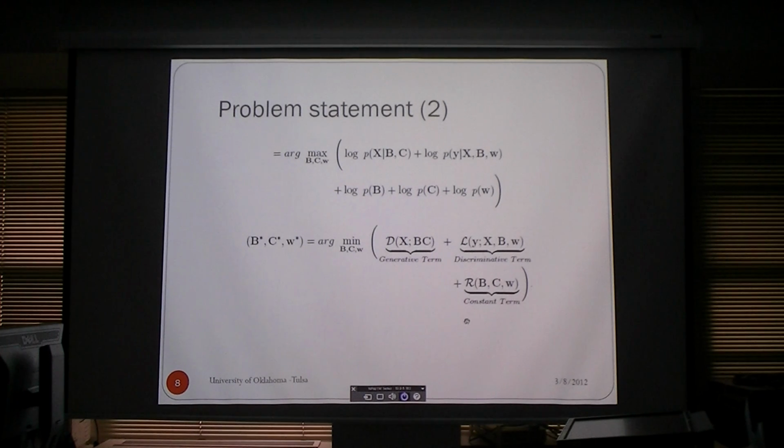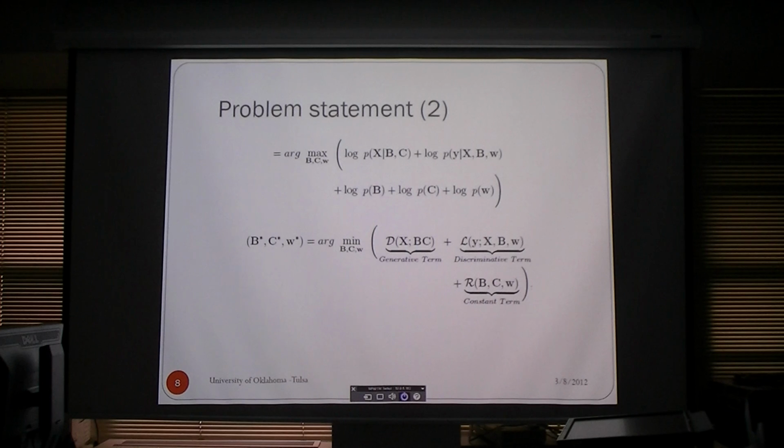In the prior, we want to apply some constraints on B, C, and W. Let's start with W. We want the size of W to be as small as possible, because if W is small, the margin of the classifier is big.